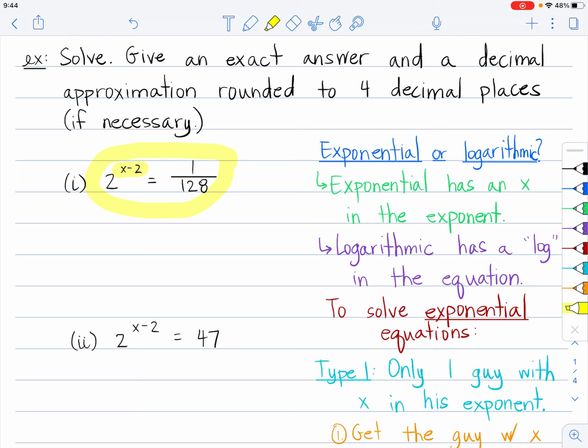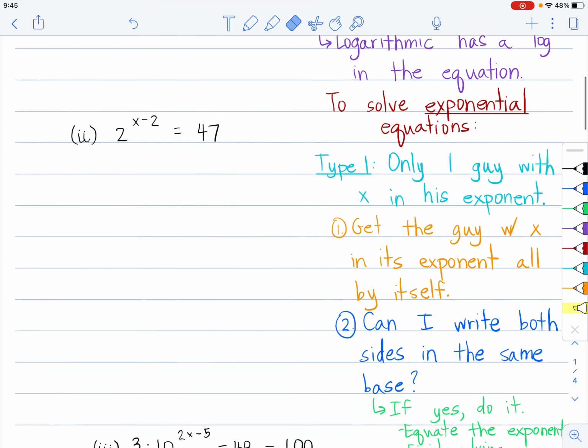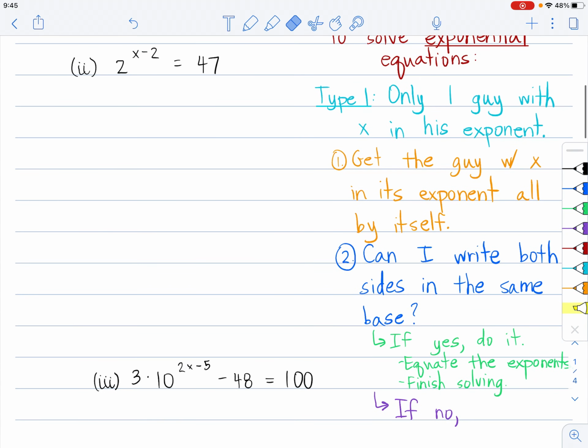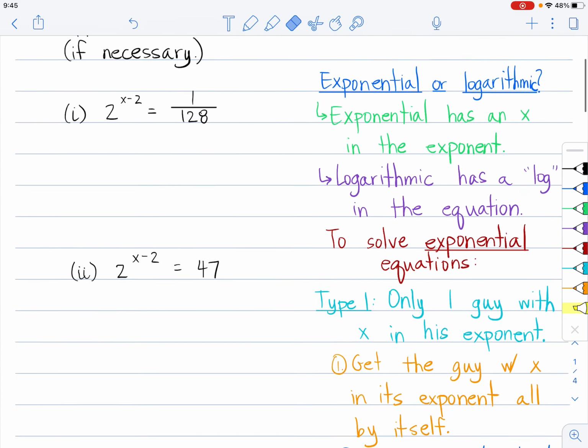My vote is I only see one guy with x in his exponent, and that guy is 2 here. And so next, we want to get the guy with x in his exponent all by itself. That's already done for us here. Check.